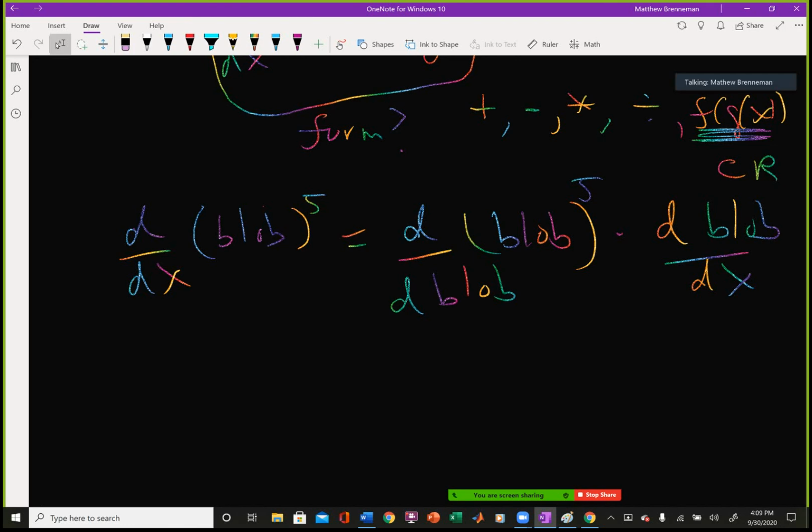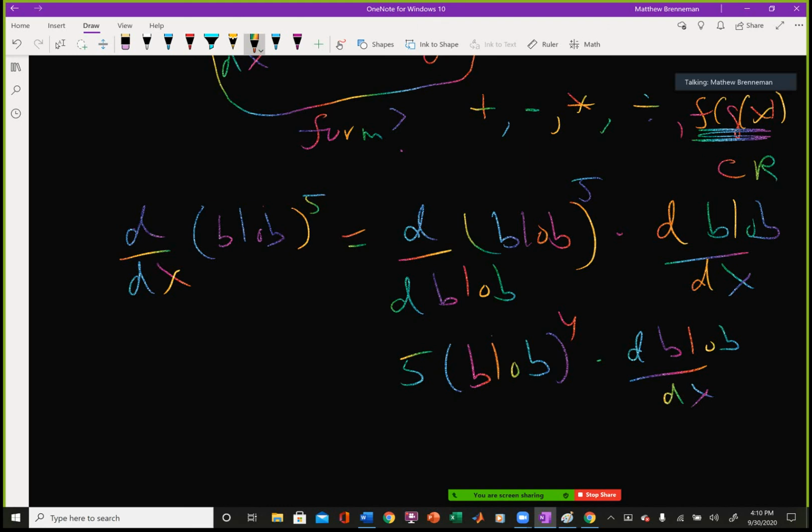The derivative of blob to the 5th with respect to blob is just 5 times blob to the 4th power. Okay? This is the power rule, right? The variable I'm taking the derivative with respect to is the variable in the base. And now it's going to be derivative of blob with respect to x.